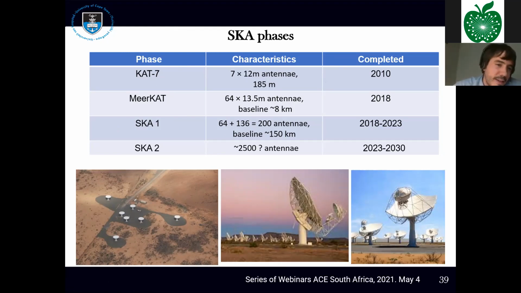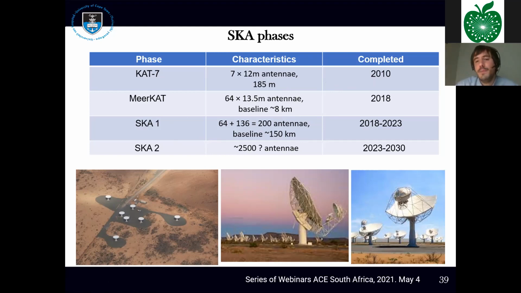For SKA1, which is the stage we are in now, we have about 200 antennas and a baseline of 150 kilometers. You see the difference between MeerKAT and the SKA. The project will be completed in 2023, and we also expect a second phase, SKA2, with 2,500 antennas.